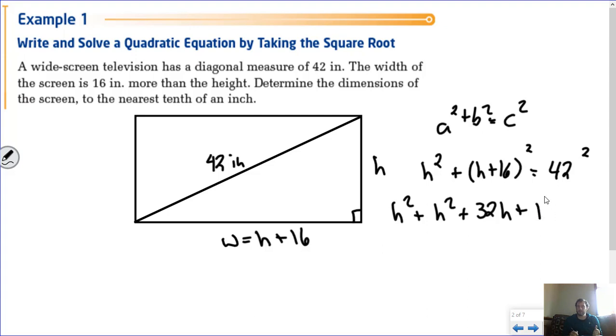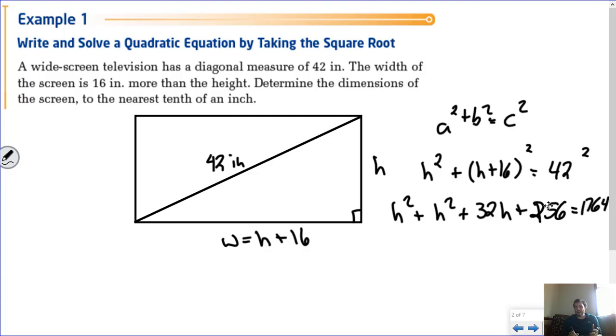Nope, that's not right. 256, sorry, right? And then that is going to be equal to 42 squared. So 40 times 40, 1600 plus 80 plus 80, so 1760 plus 4 is 1764.